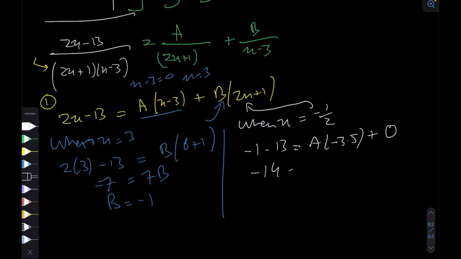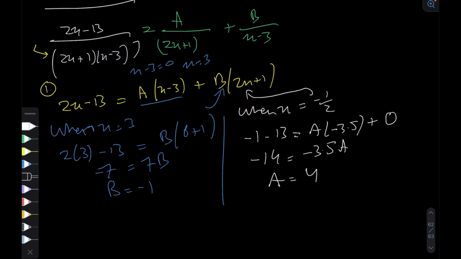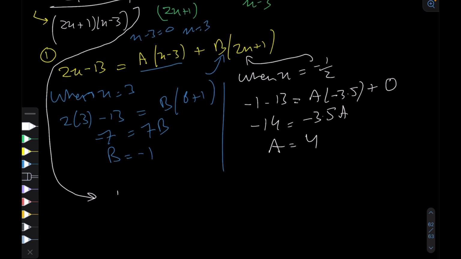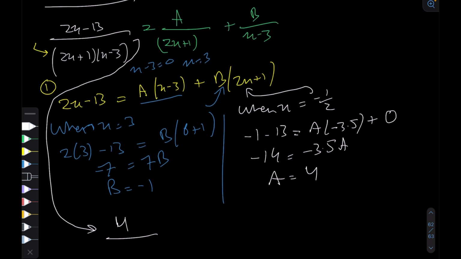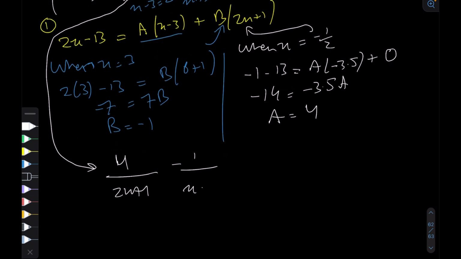So minus 14 is equal to minus 3.5a. A is equal to 4. In other words, we have reached our goal that this can be split into 4 over 2x plus 1 plus minus 1 over x minus 3.